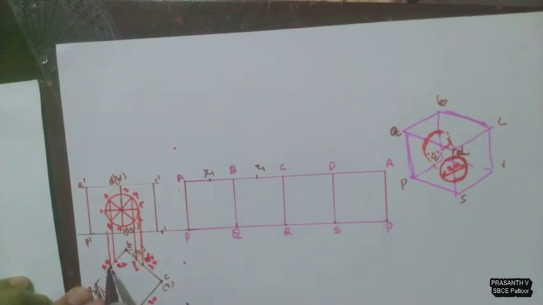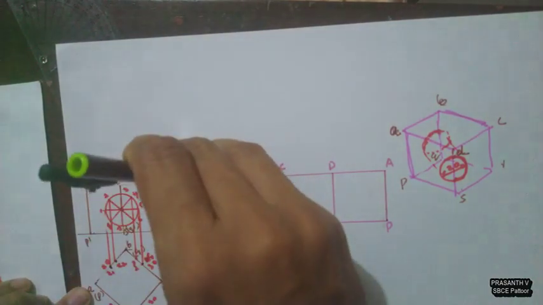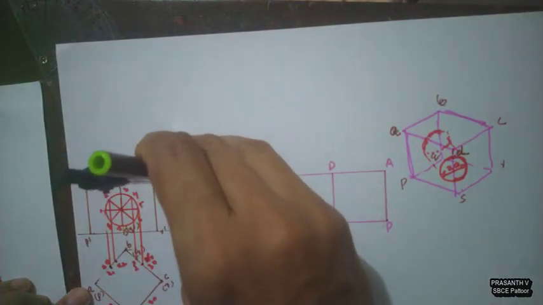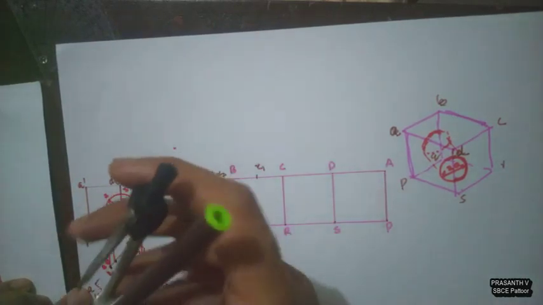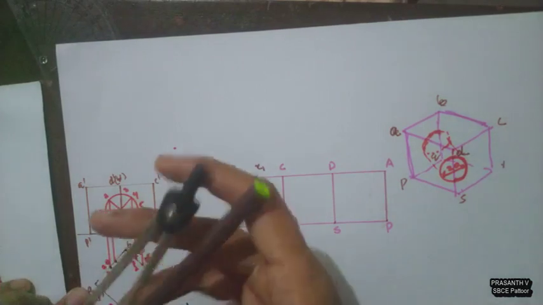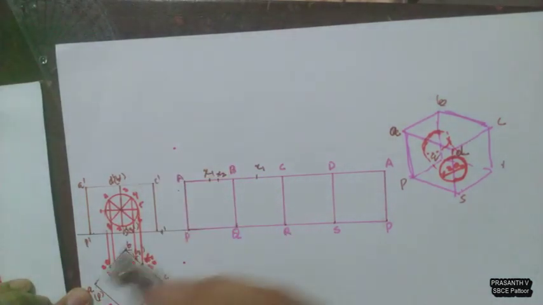Now A to x2, mark it here. This point is x2 and same will be C to x2.